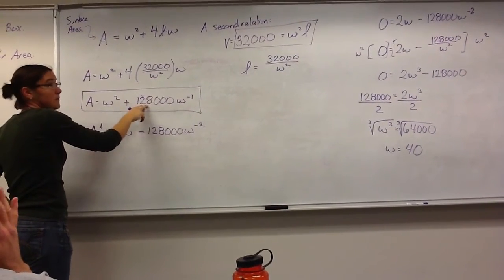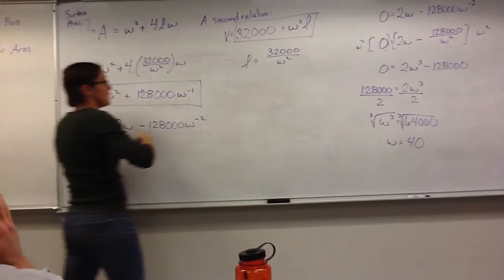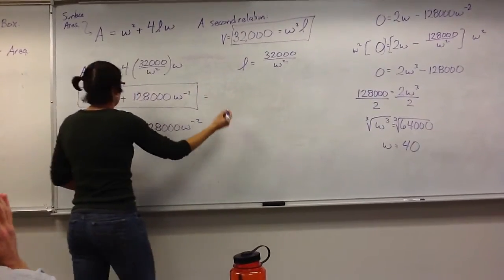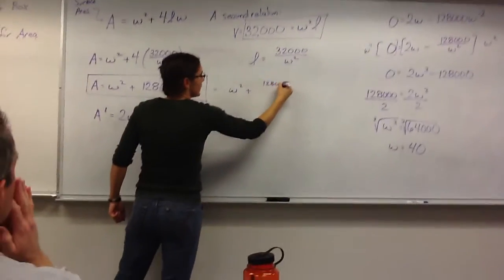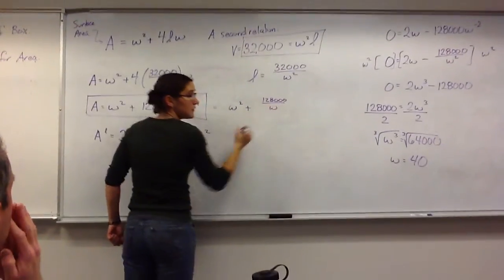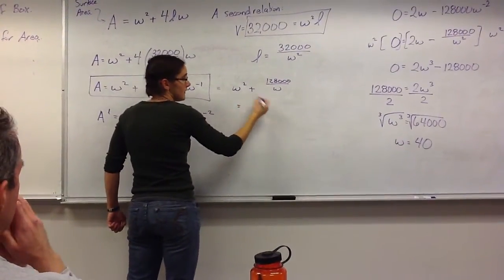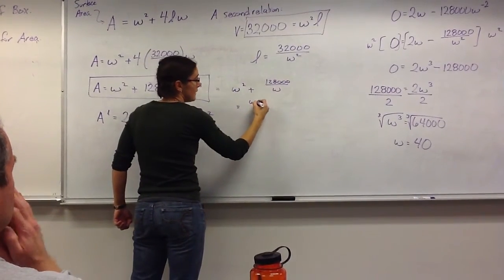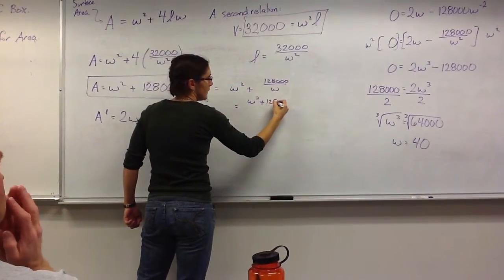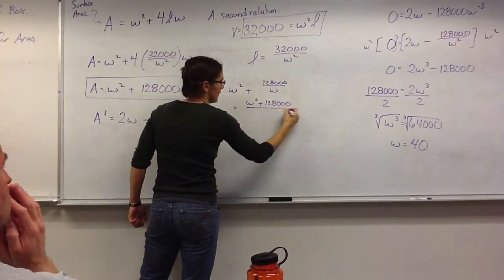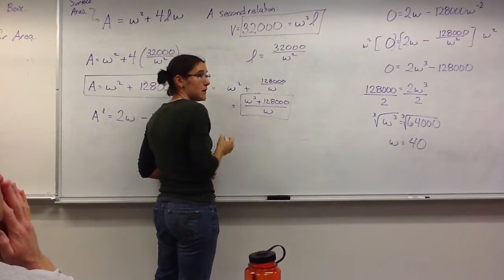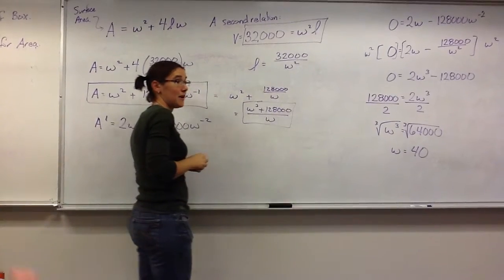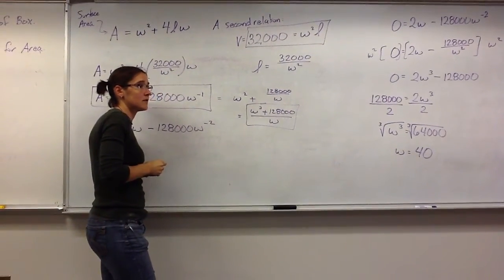It becomes a rational function, because if I rewrite this as W squared plus 128,000 over W, and come up with a common denominator, I'd have W cubed plus 128,000 over W. This is really the function that I'm minimizing. So it's really not a polynomial function, it's a rational function.